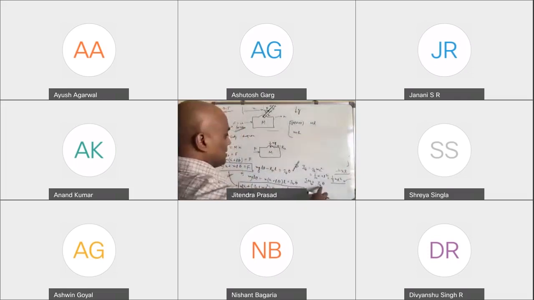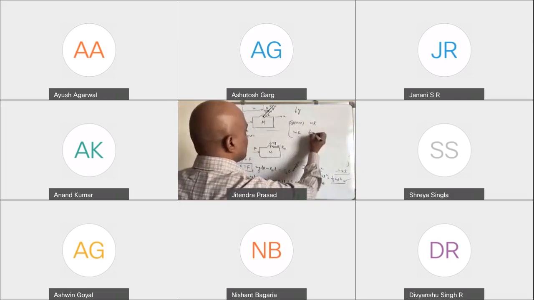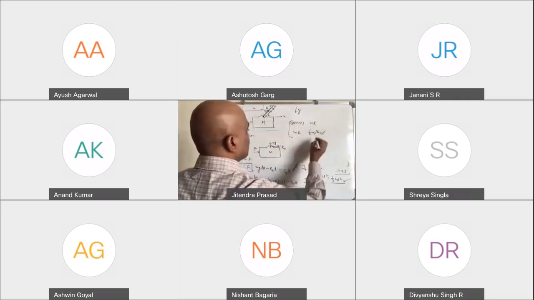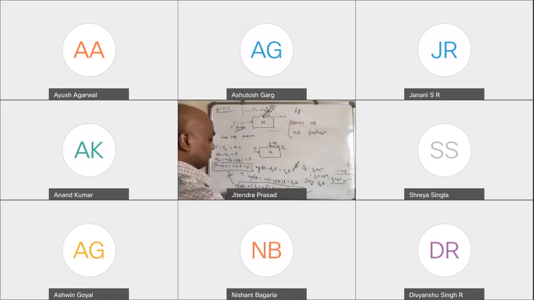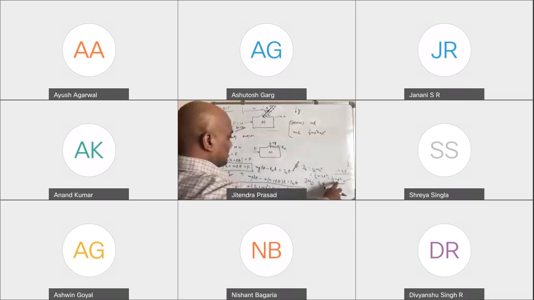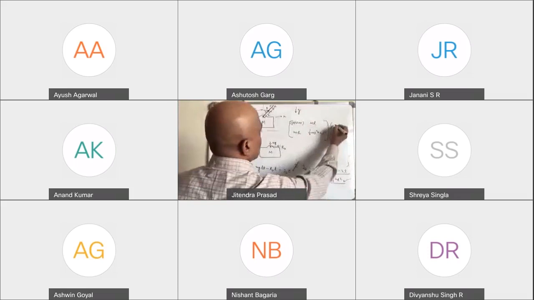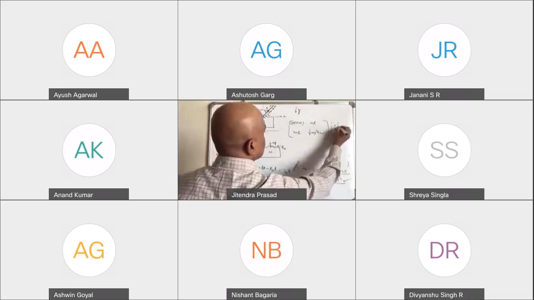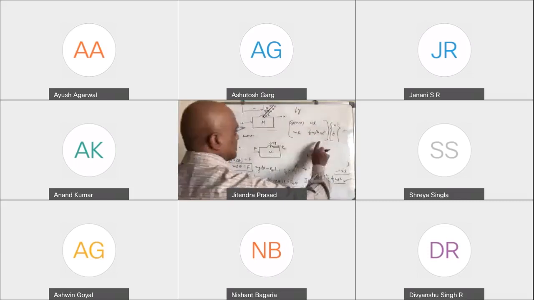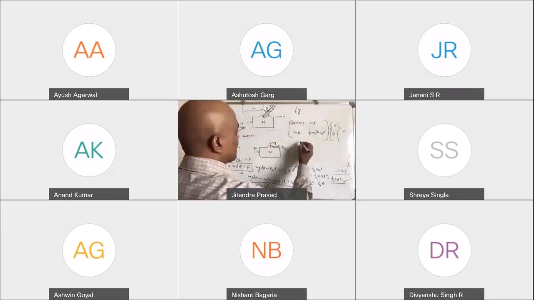J is nothing but 1 over 3 ml square, plus ml square. And then you have x double dot, theta double dot. So this is the equation. Plus, in terms of theta, you have just this one only.